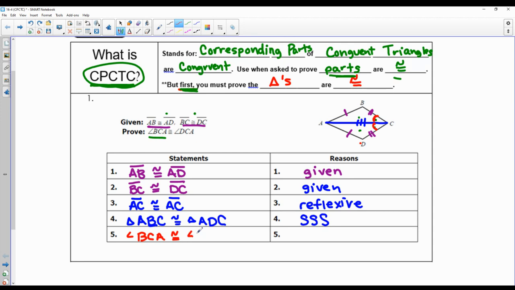So angle BCA and angle DCA are congruent because corresponding parts of congruent triangles are congruent. That's how you're going to use CPCTC to prove parts. First, again, guys, you have to prove that the triangles are congruent, and then we can use CPCTC to line up all of the different parts.